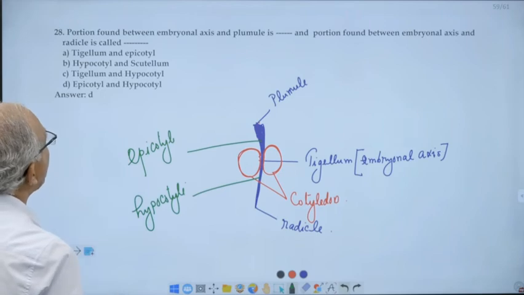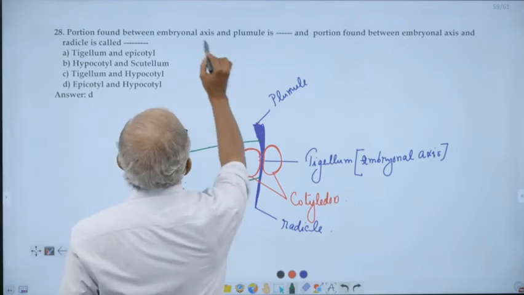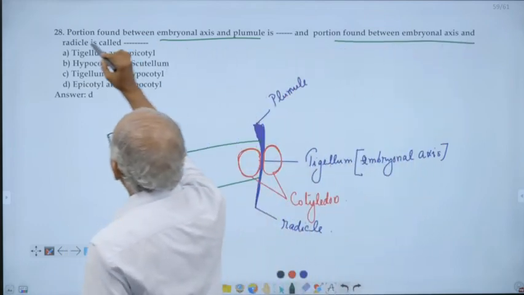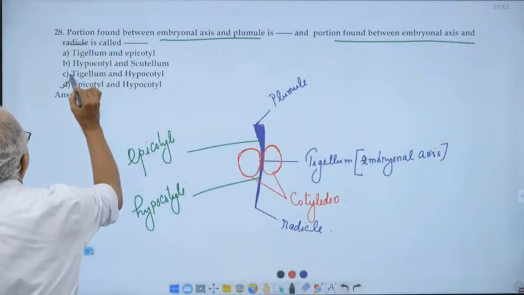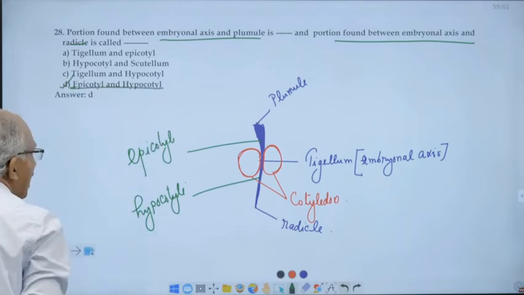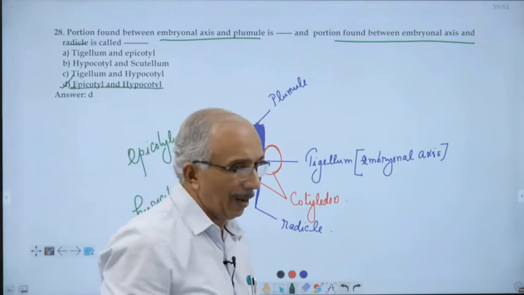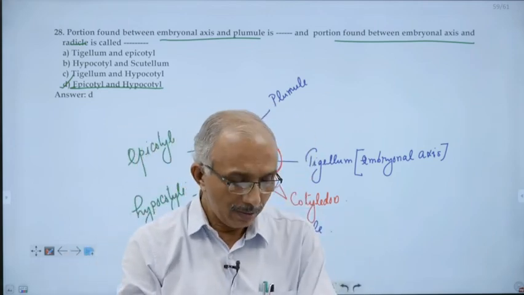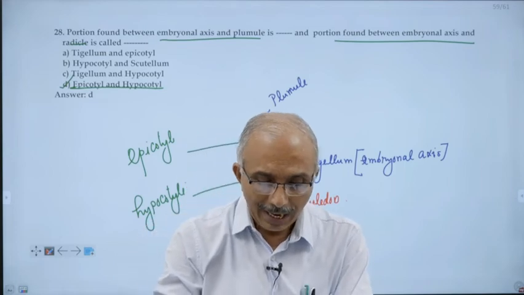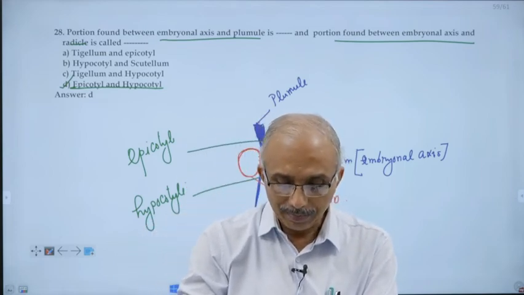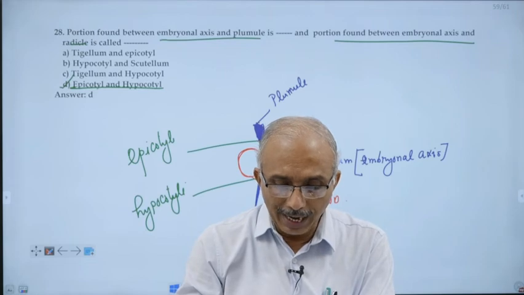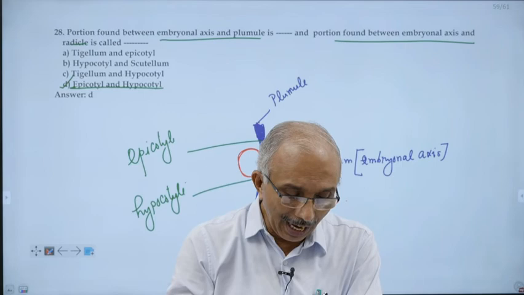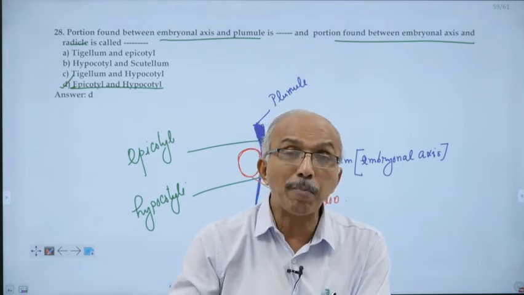The portion between the plumule and cotyledon, and between the cotyledon and radicle, is called epicotyl and hypocotyl. Epi means upon, so epicotyl is the portion above the cotyledon.